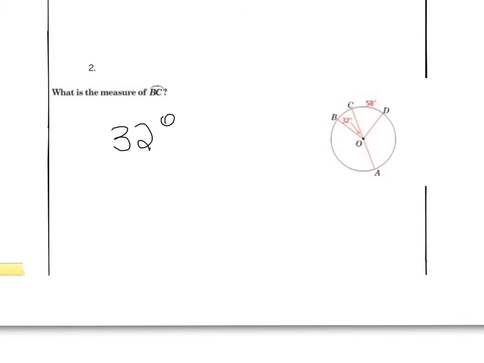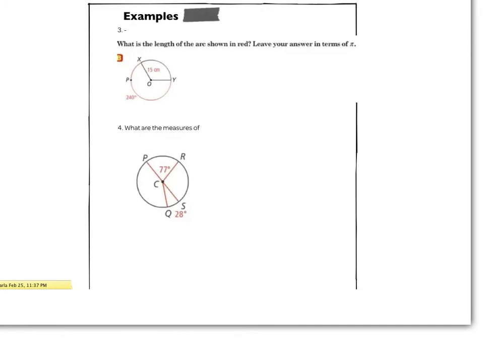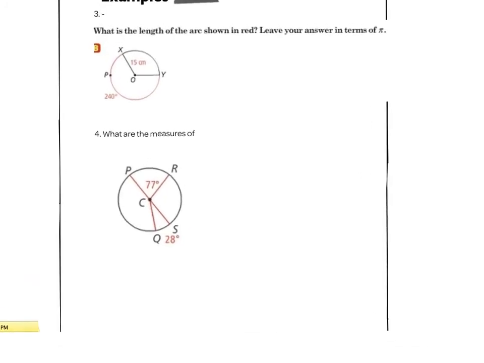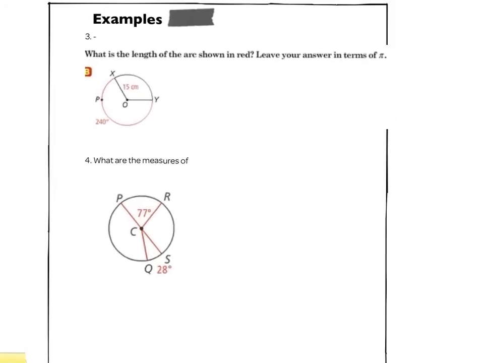Degrees. So here we're clearly at example number 3. And example number 3 says, what is the length of the arc shown in red? Leave your answer in terms of pi. So here we want to follow the procedure that we just did. We want to say, hey, I want a length. So I know this is going to have to involve some type of circumference. So circumference is 2 pi r.